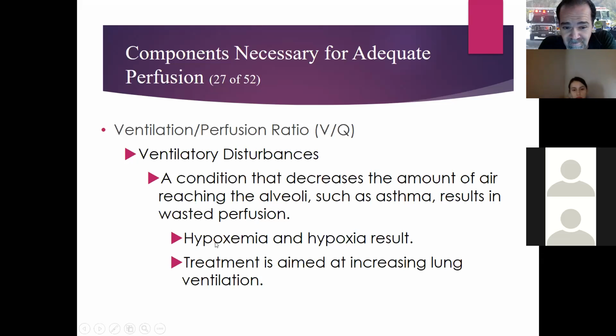You have wasted perfusion because you have hypoxemia, and hypoxemia and hypoxia result, which is basically kind of the same thing. One of them is the factor and the other one is the result.